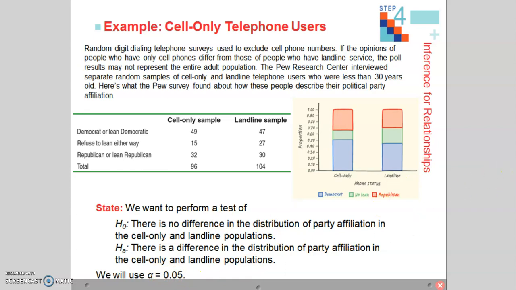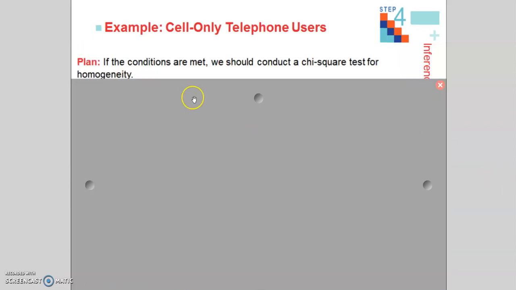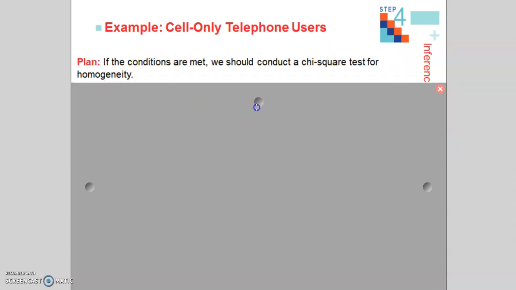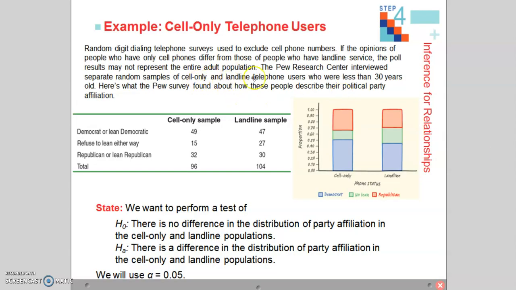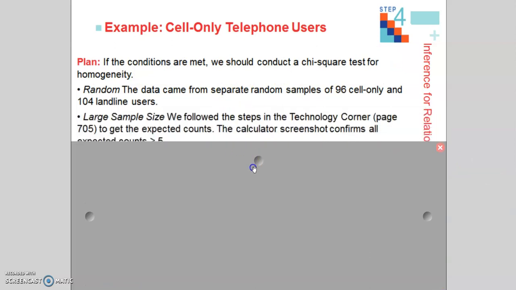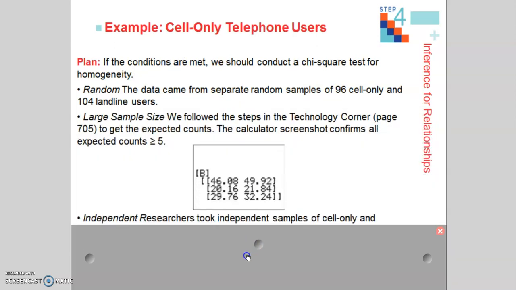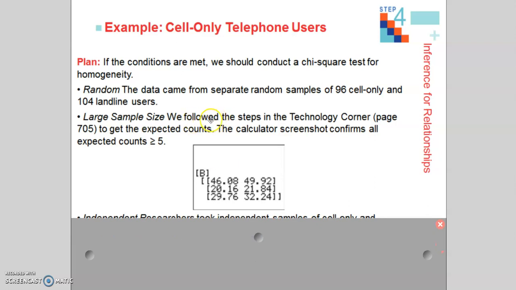So that's the state. Plan: I'm going to use a chi-squared test for homogeneity if conditions are met. My conditions are random, and it does say that there were 2 separate random samples here of the 2 different groups. There is no normal condition, but there's the large sample size condition.